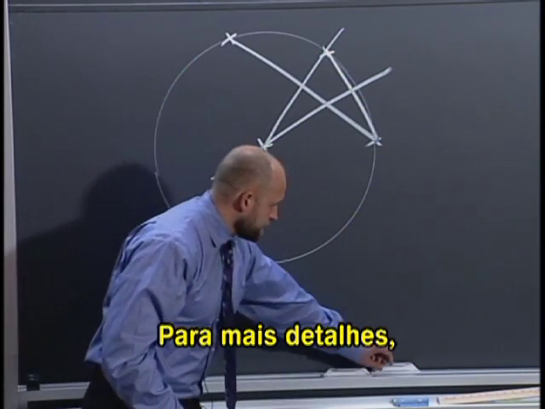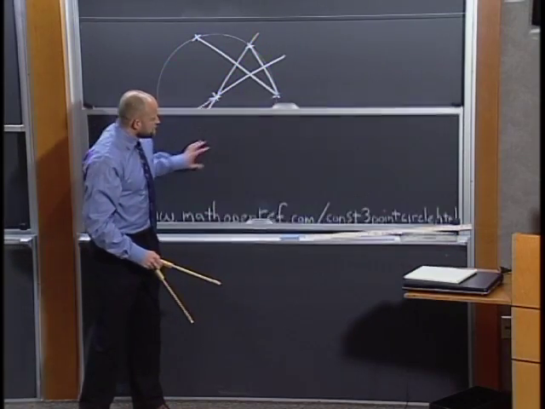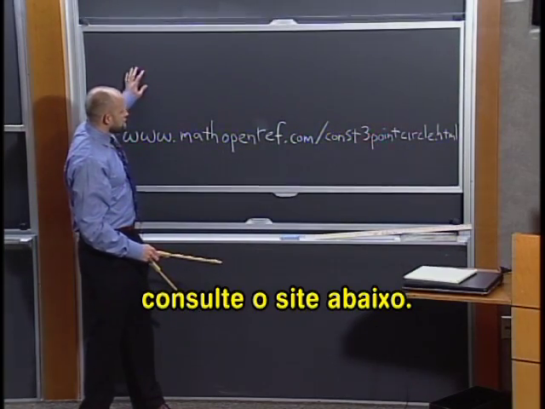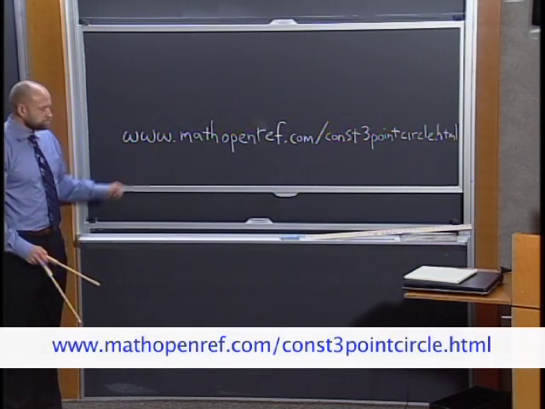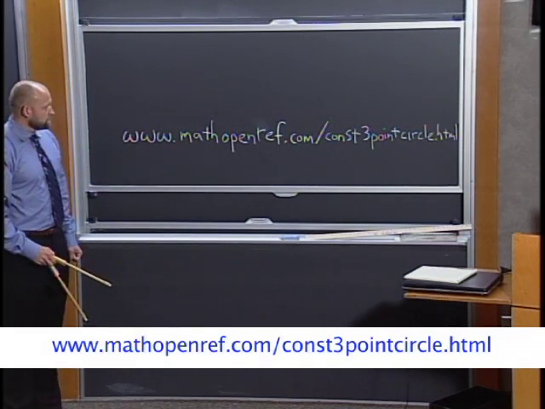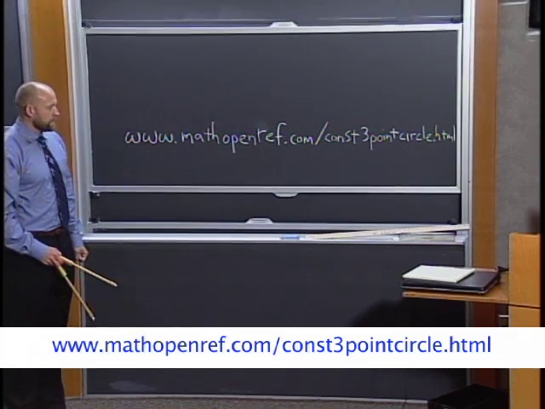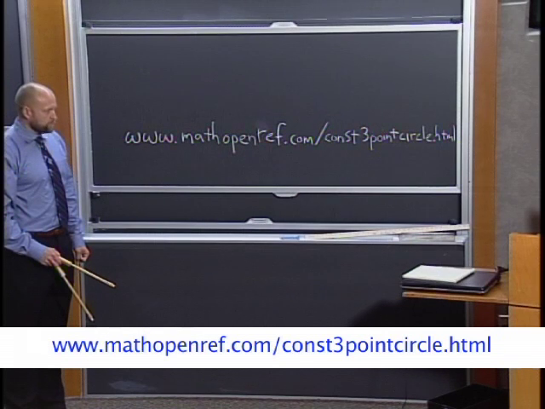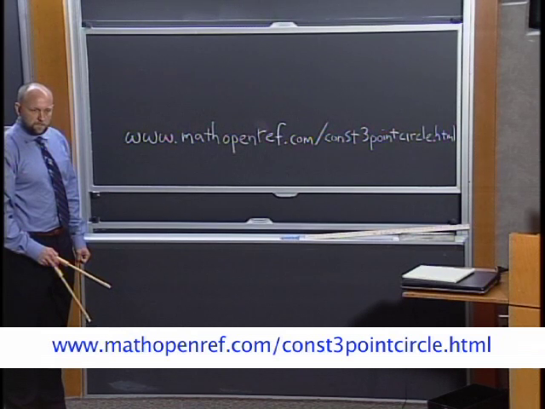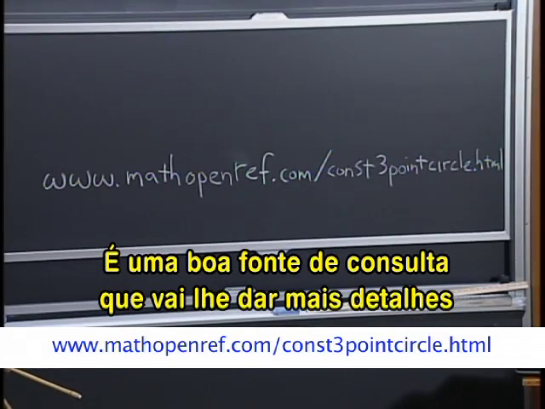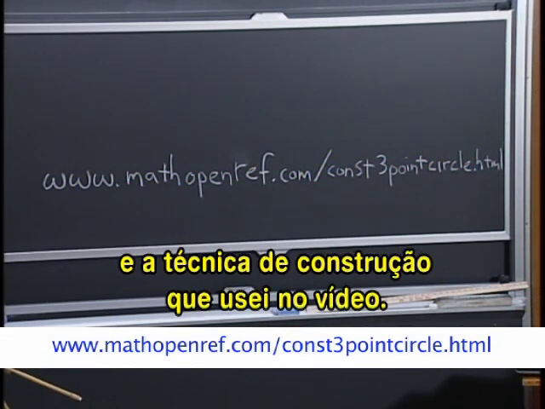Some details on that can be found at the following reference, www.mathopenref.com/const3pointcircle.html. And this is a nice web resource that gives you more details on that theorem that I mentioned and also the construction technique that I use in the video.